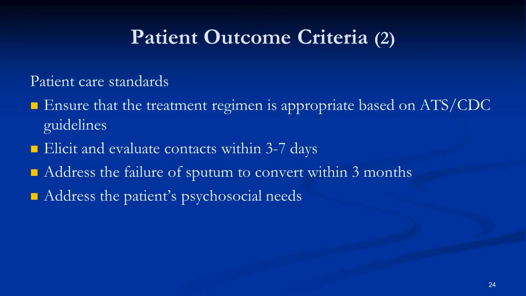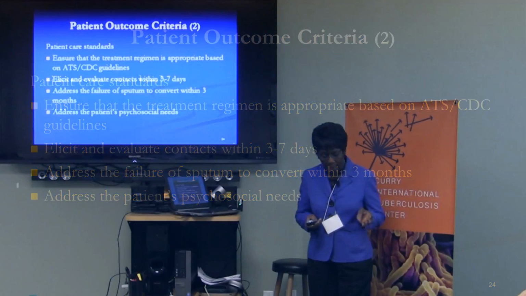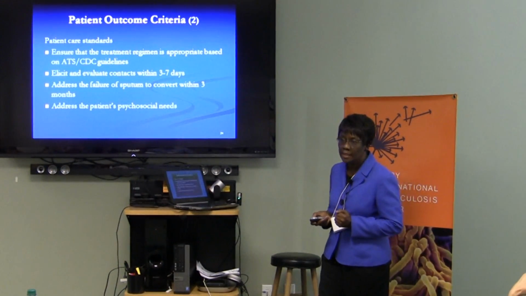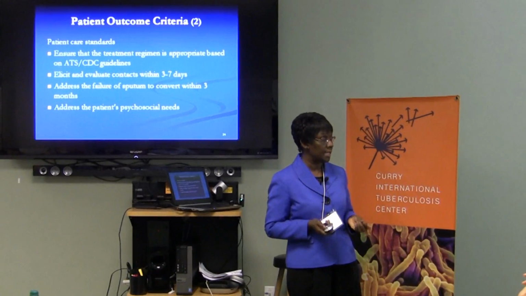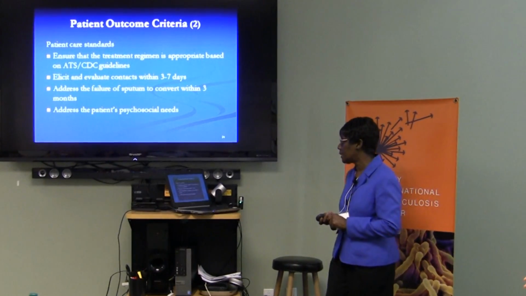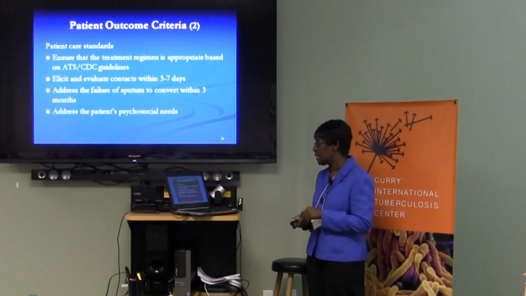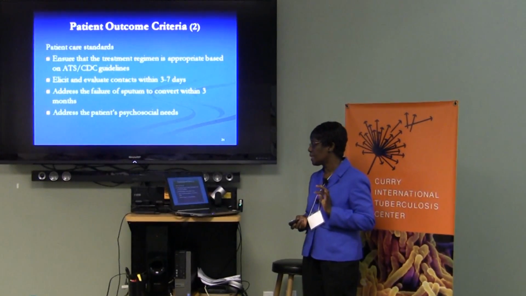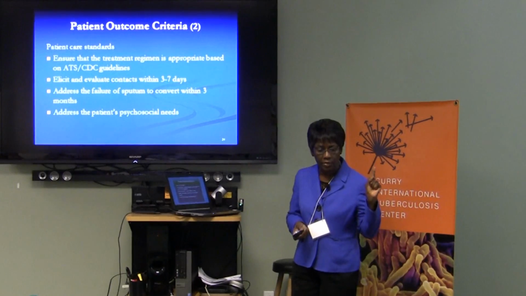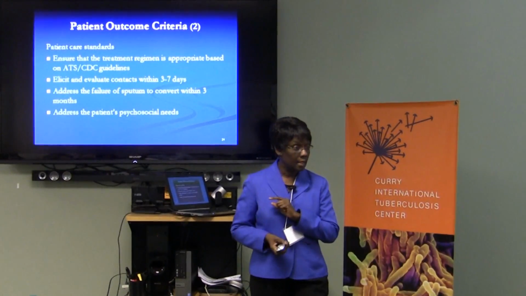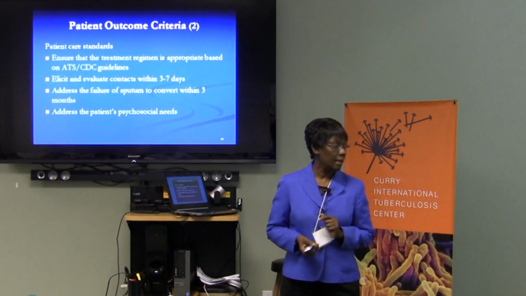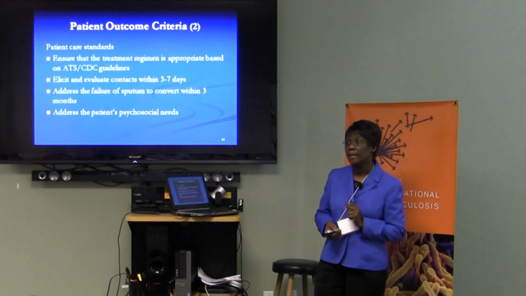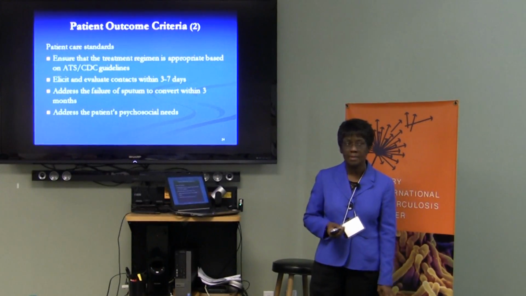Now, the regimen, ATS guidelines we talked about. Contact investigation, if indicated, you want to try and elicit the names within 3 to 7 days at least. And then if the sputum smear doesn't convert, what's the first question, and they're on DOT, they've been on meds for 4 weeks, let's say, and they continue to have positive smears?